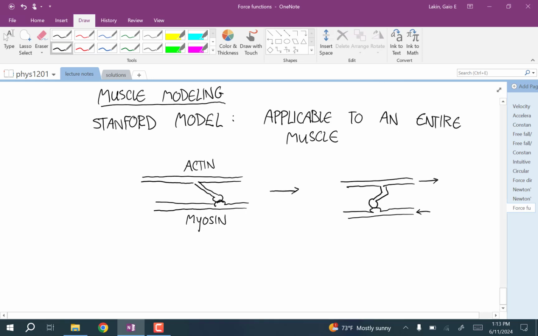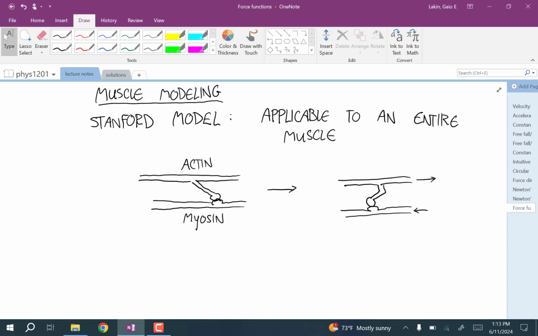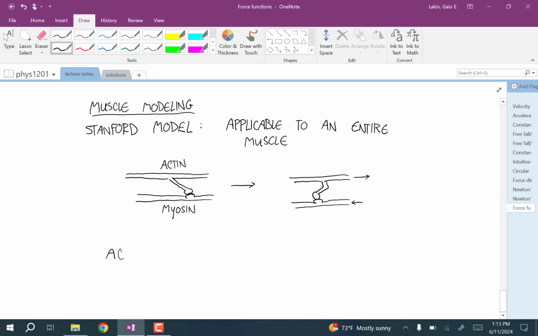So this is called the active unit of a muscle. And this active contraction is initiated by action potentials in the muscle cells.